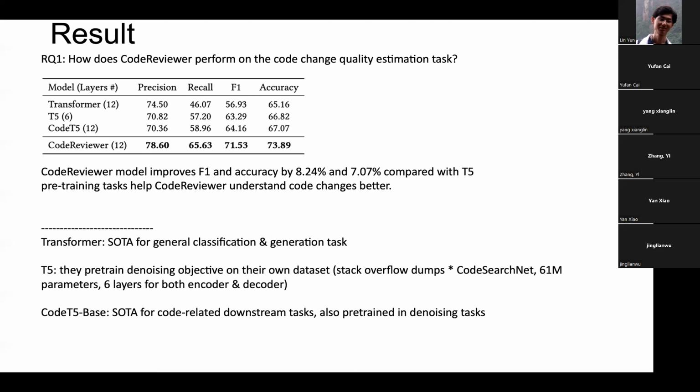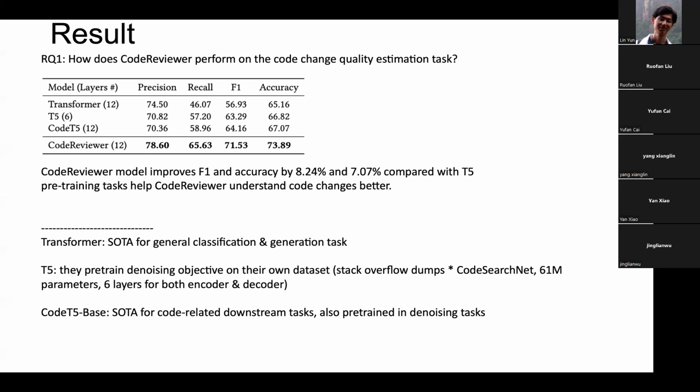I think they just train the model from scratch, because it's called T5. They use a different data set. Definitely in these papers, the code reviewer just uses a T5 structure and is pre-trained as described by Jinglian. Yes. Oh, hi, Jinglian.